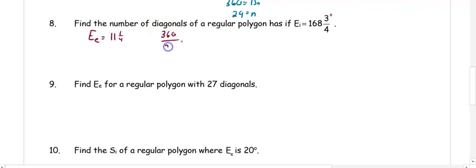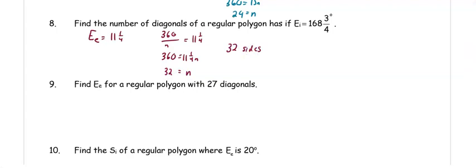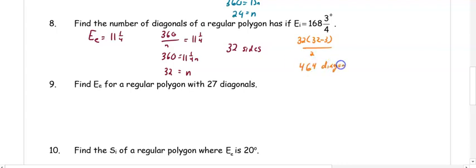So 360 over n equals 11 1/4 degrees. 360 is equal to 11 1/4 n. When we divide, we get 32 sides. So now we need to find the number of diagonals. So the number of diagonals then is going to be 32 times 32 minus 3 divided by 2. So we get 464 diagonals.